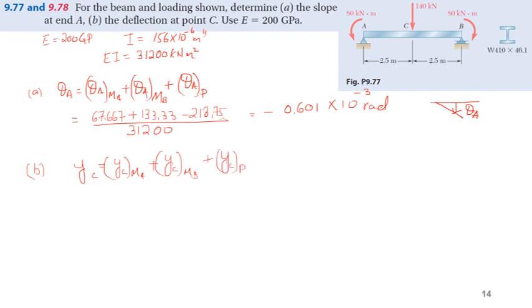Now this moment will try to take the beam in the upward direction, and this moment is also taking the beam in the upward direction, but this load is pushing the beam in the downward direction.